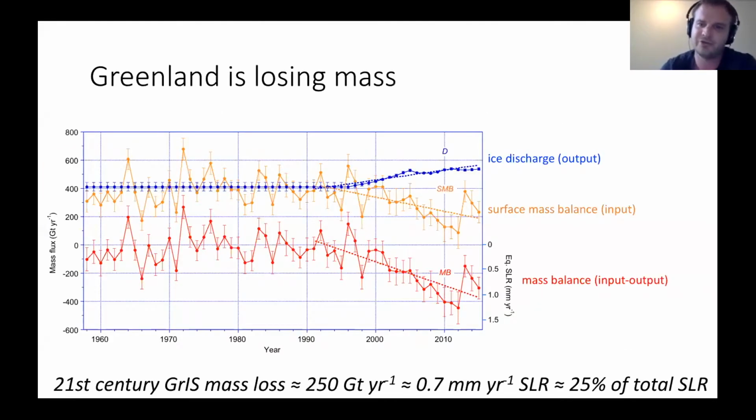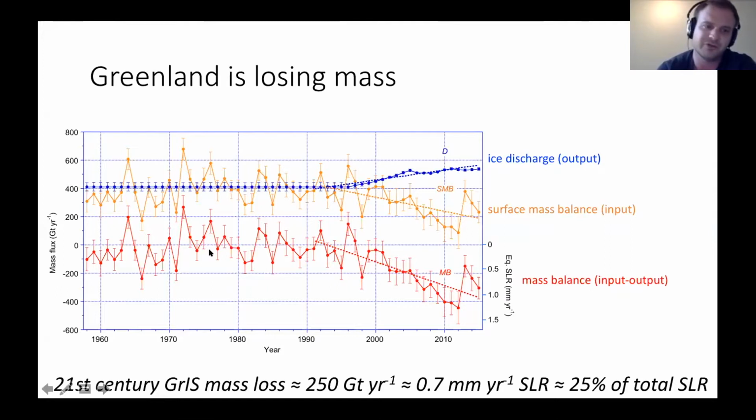So as you all know or should know, the Greenland ice sheet is losing mass. And it hasn't been losing mass for a long time, only since the, let's say, mid or late 1990s. And this is shown here by the red line. Just look at the y-axis showing the 0 line here. And the red line is basically the mass balance.